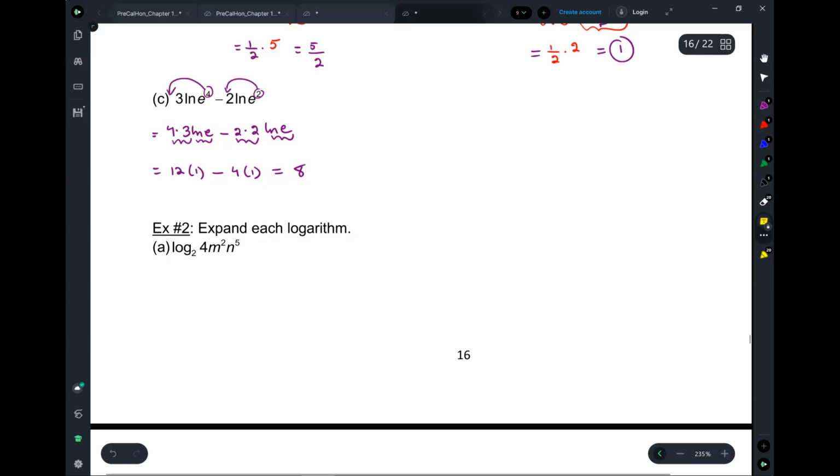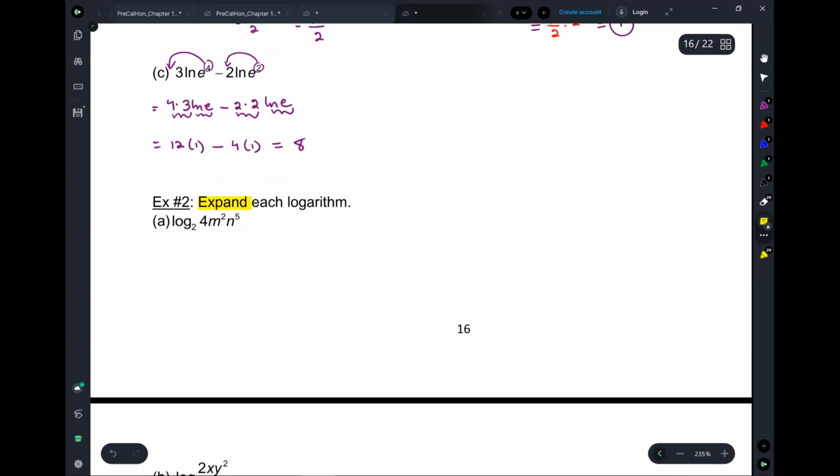Okay. Expand logarithms. So how do we expand a logarithm? When you expand it, you're going to have more logarithms than just one. So look inside the log. How many elements are there? I have a 4, an m squared, n to the 5. 3 elements means I need to end up with 3 logarithms.